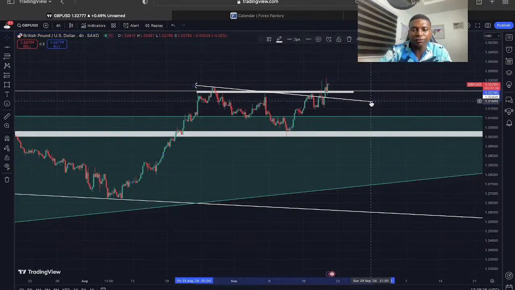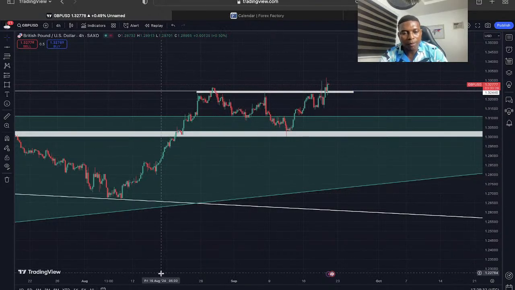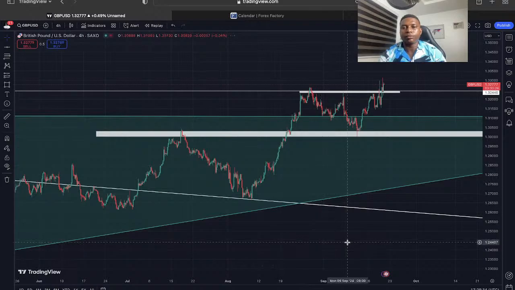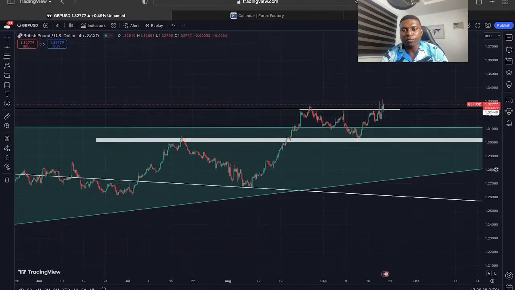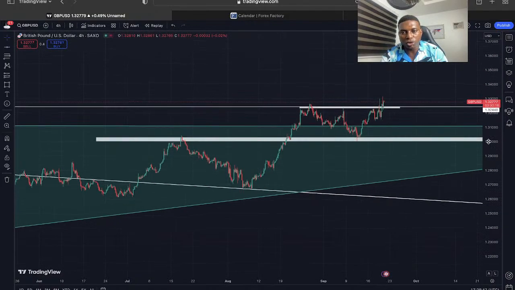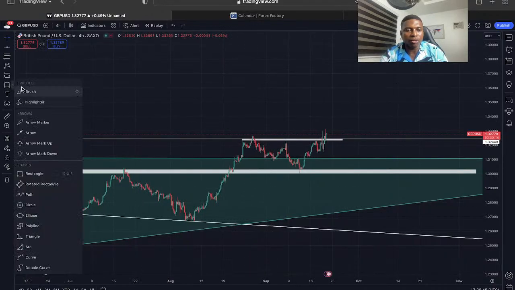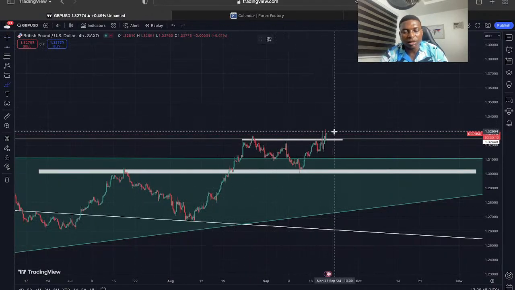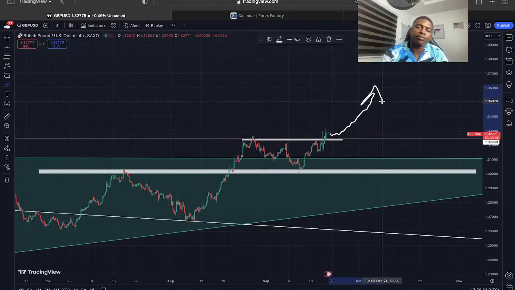Let me just take this off. You can see that there was a breakout from this level, right? Good. This breakout here would continue, and this is giving us still a continuous momentum above.